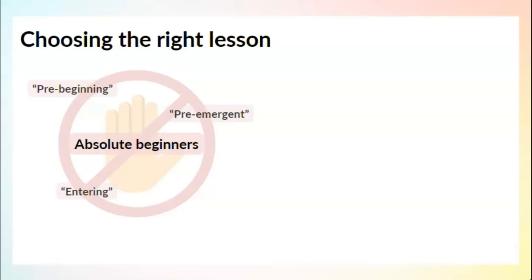The reason this is important is because whole class instruction is typically not effective when your lowest proficiency students are absolute beginners or newcomers. These students might also be referred to as entering, pre-emergent, or pre-beginning. These students need more focused attention and direct instruction, so we'll talk about other strategies that are best for them in other videos.